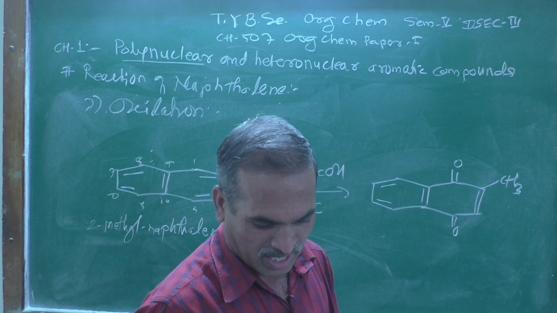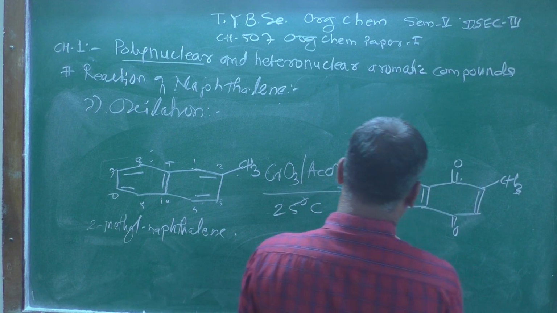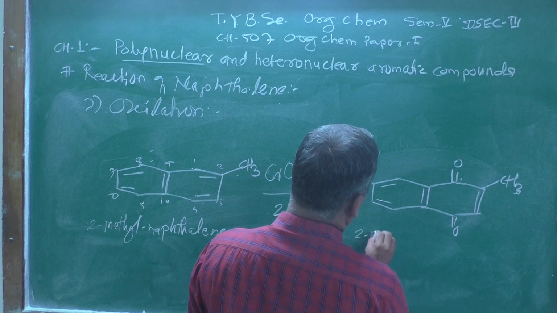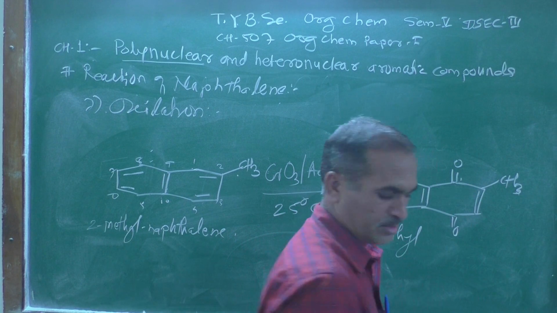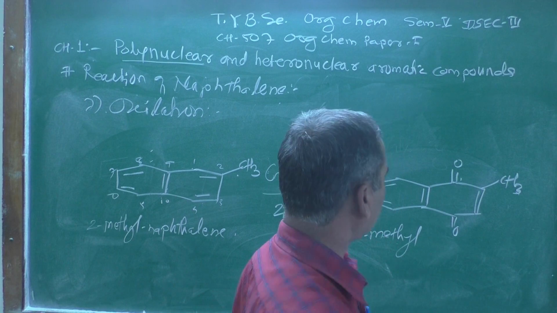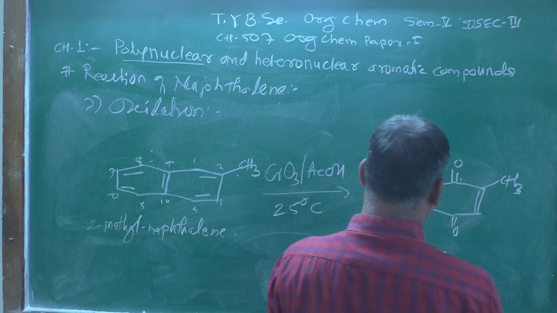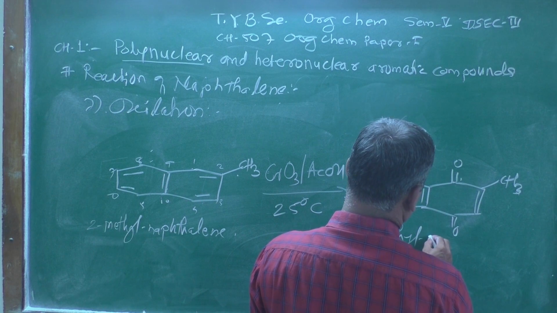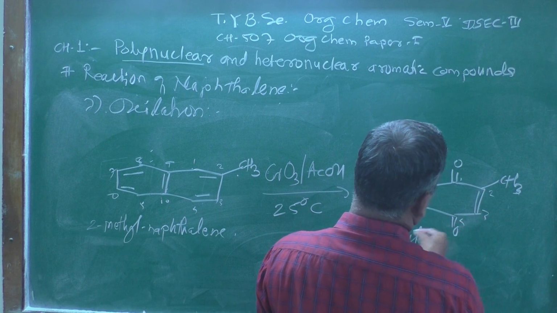So this moiety is known as a quinone. The name of this compound, starting from 1, 2, so 2-methyl, the quinone system, or carbonyl groups, are present at the 1 and 4 positions, because 1, 2, 3, 4.